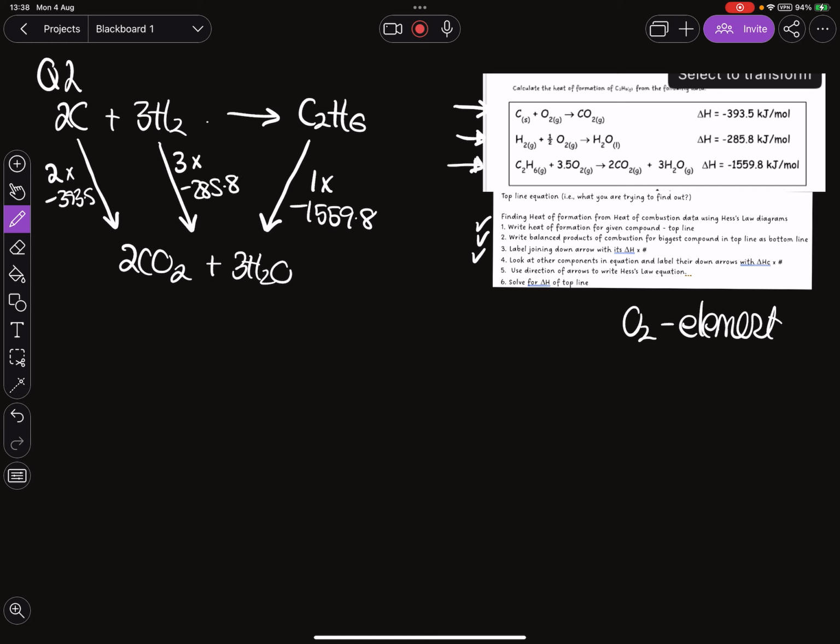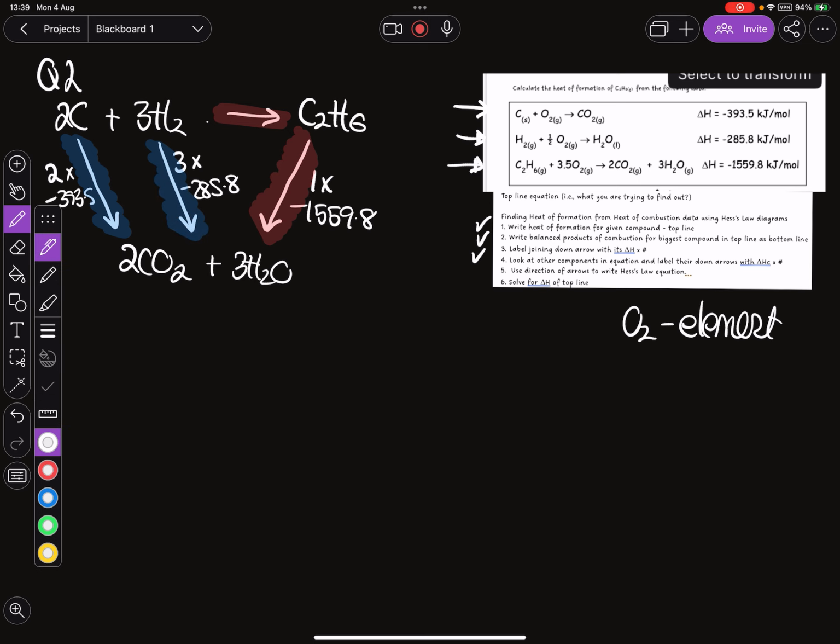Now, again, it says use the direction arrows to figure out how we write our Hess's law. So, see here, red and red are going to be one part of our Hess's law, and here the blue and the blue are going to be the other part of the equation that we're trying to write.